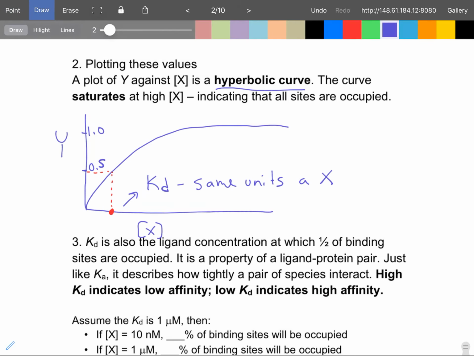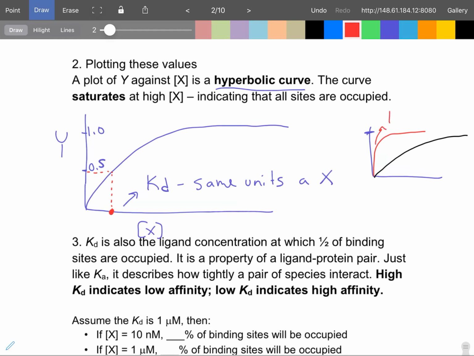And so just to give you a quick idea about this, consider two curves on the same plot. One of them looks like this, and the other one looks like that. Now notice they both get to this top value of 100%, but it takes much lower concentration here, right?